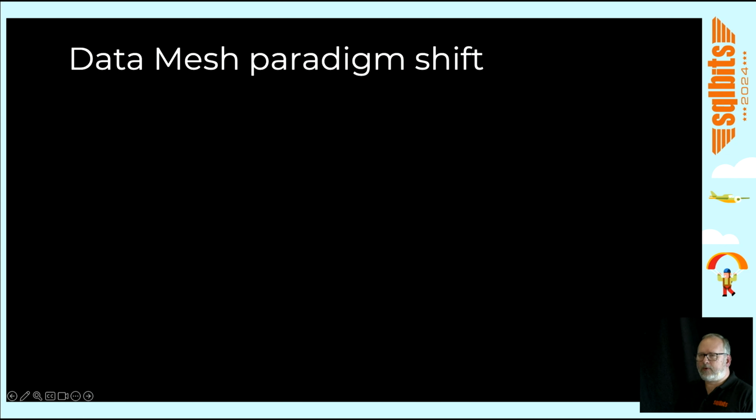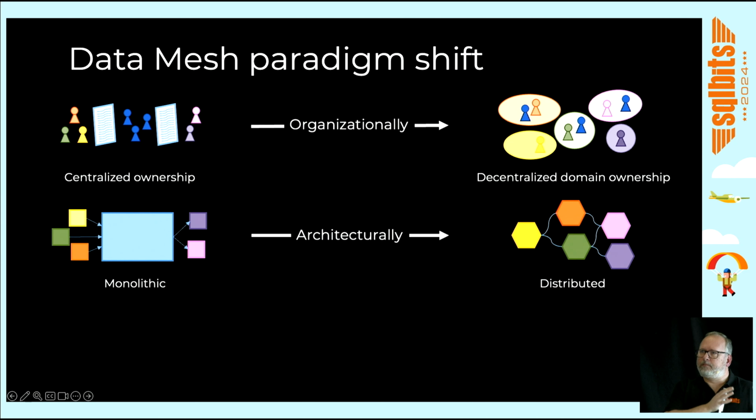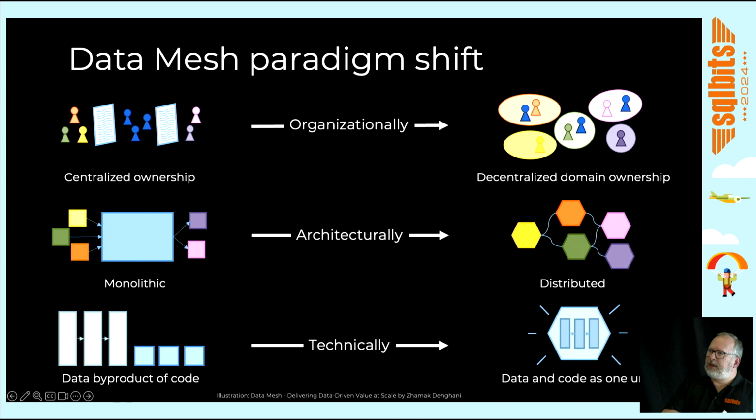So we're moving from a centralized ownership on the organizational level to a decentralized, domain-oriented ownership. On the architectural level, we are moving from a monolithic system to a distributed architecture. On the technical level, instead of data being a byproduct from code, data and code is one unit.